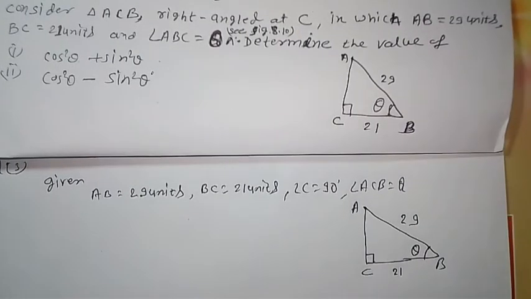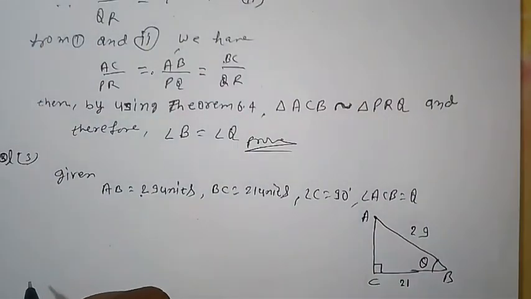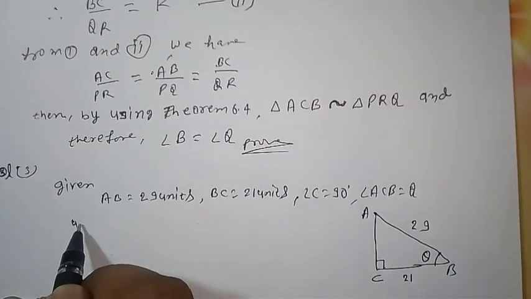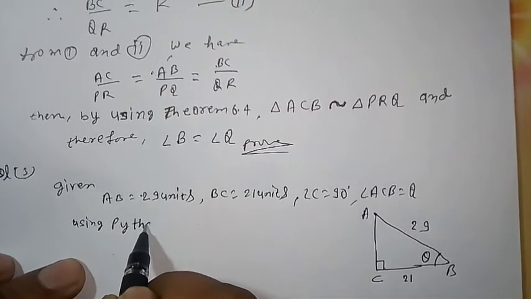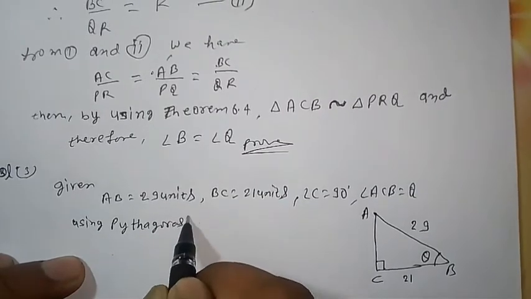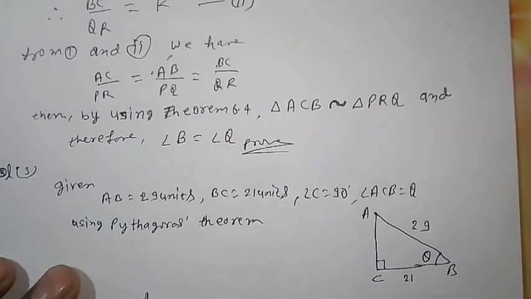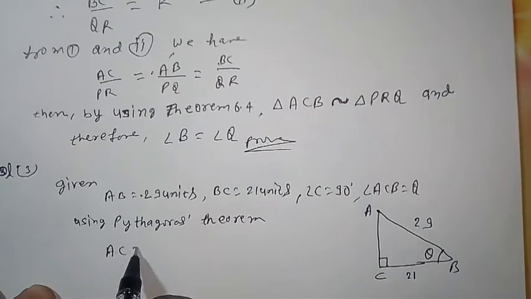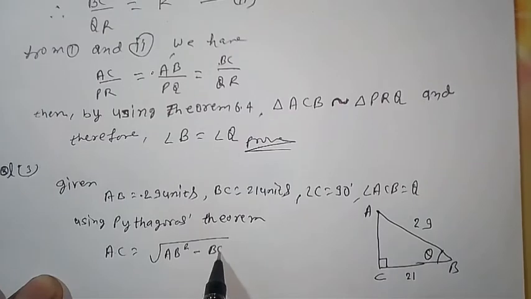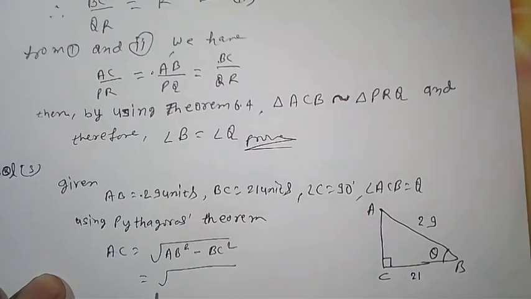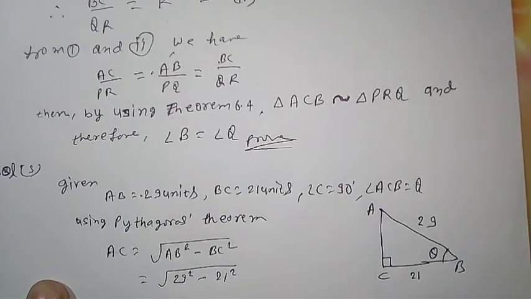I find AC. Okay, using Pythagoras theorem, AC is equal to root under AB square minus BC square, is equal to 29 square minus 21 square.